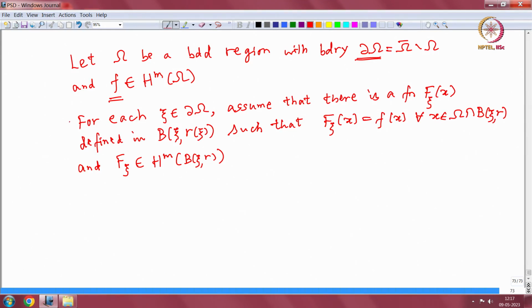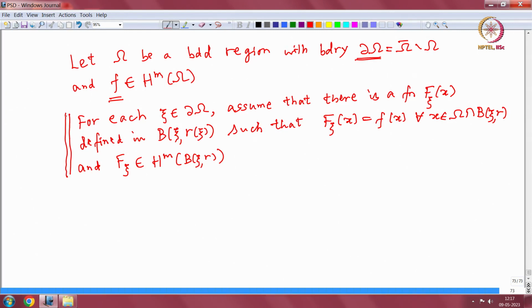Okay. So, this is an assumption on the boundary. Okay. So, this will pave the way to make some assumptions on the boundary, so that this particular assumption is satisfied. Okay.